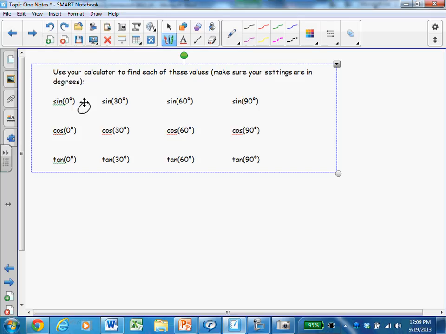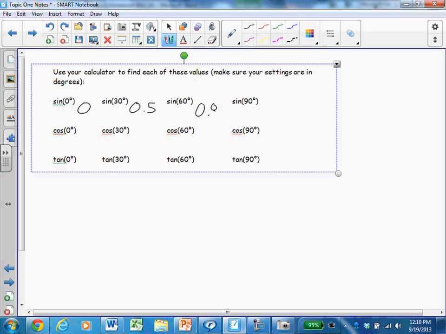It was 0.5. How about the sine of 60? So we're asking the ratio of the opposite to the hypotenuse sides in a right triangle, right? For a 60-degree angle, it's 0.87, right?